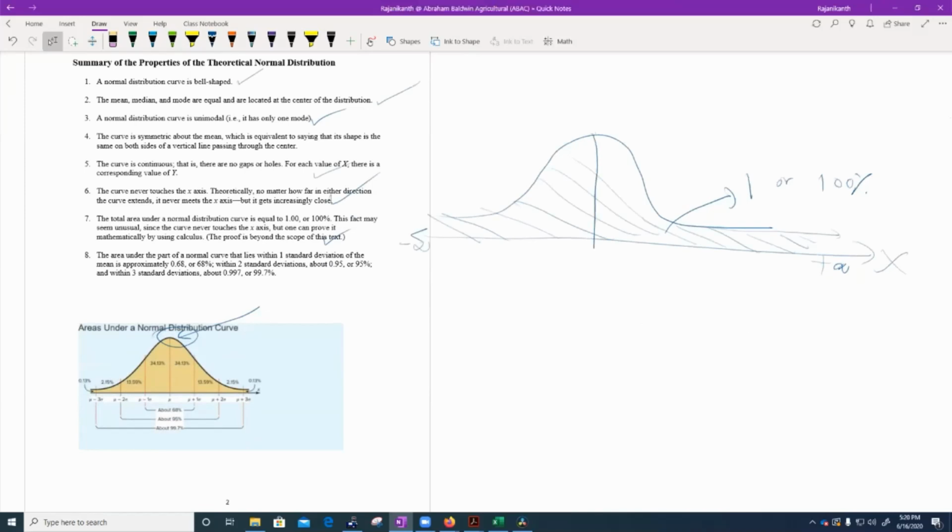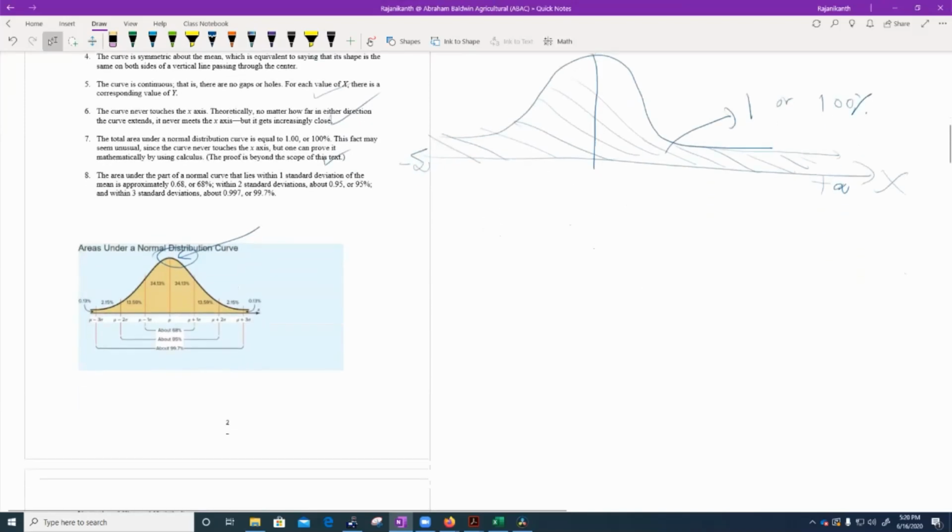Look at this picture. The area within mu plus 1 sigma to mu minus 1 sigma is called the area within one standard deviation. This area is approximately 68% or 0.68.